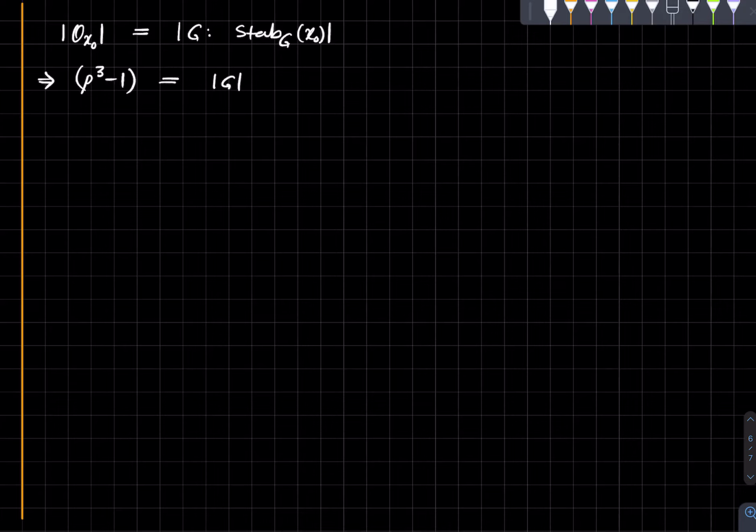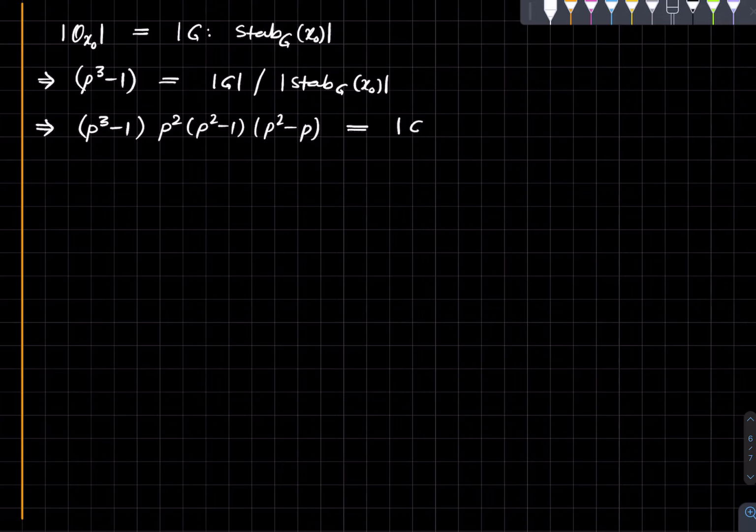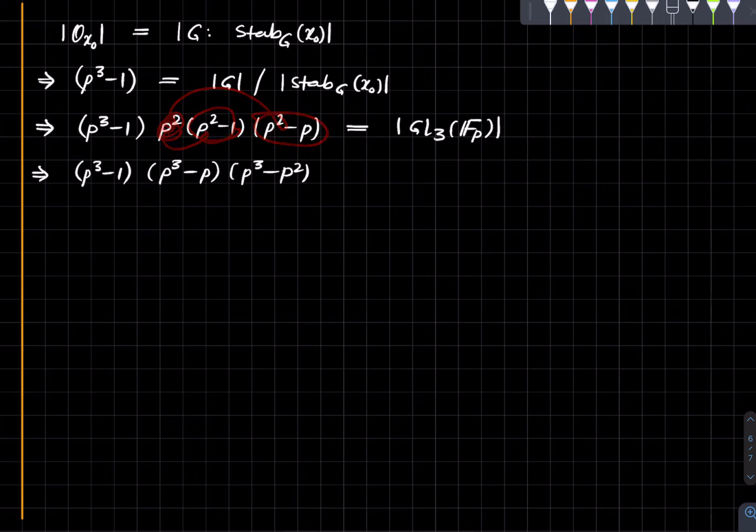This is equal to the size of G divided by the size of the stabilizer. So p cube minus 1 times the size of the stabilizer, which we just computed, is P square times p square minus 1 times p square minus p. This is the size of G, which is GL3FP. But this thing is nothing but p cube minus p and p cube minus p square, because one of these p's will go inside here and the other p will go inside here. This is equal to the cardinality of GL3FP.